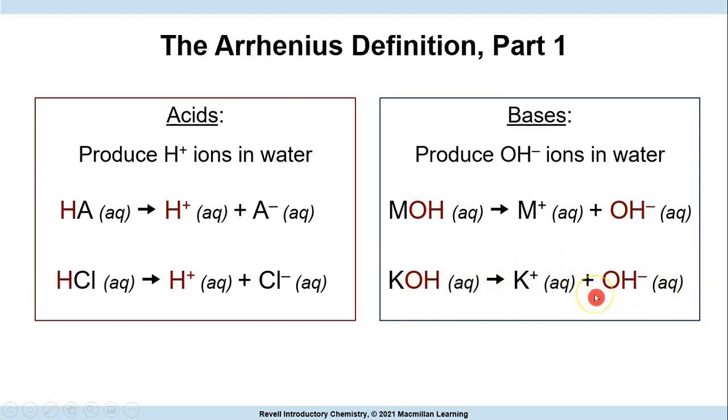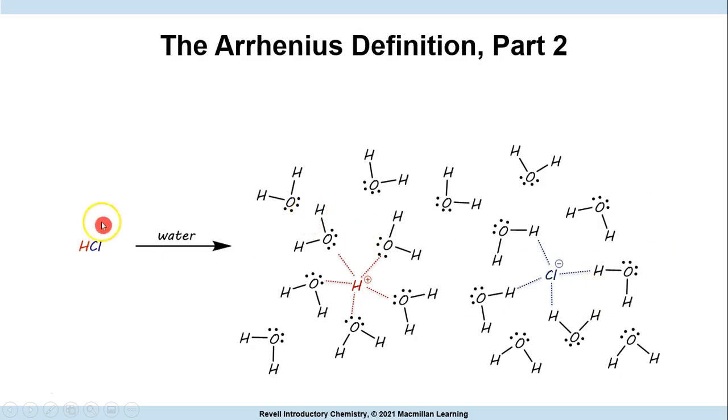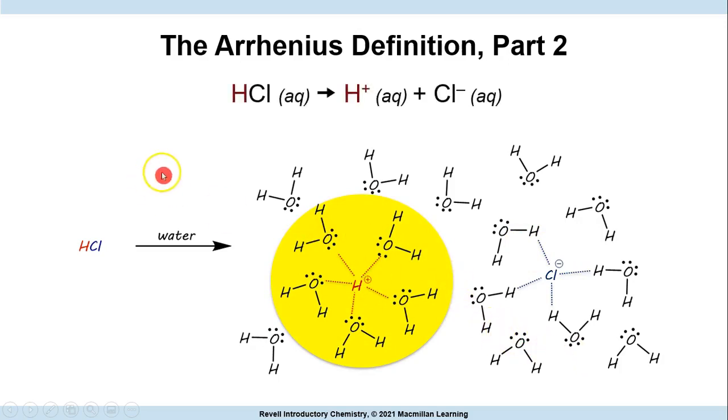Now, when we dissolve HCl, hydrochloric acid, in water, we see that the hydrogens are attracted to the oxygen and the chloride is attracted to the hydrogens. So there is that stabilization by the water molecules.